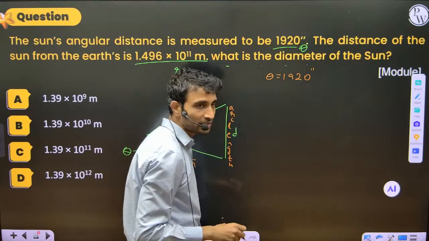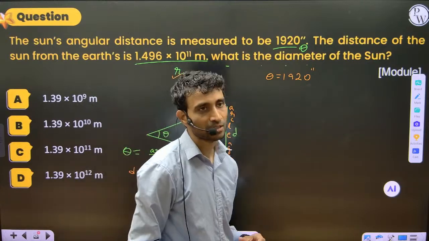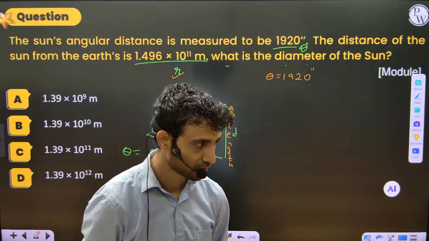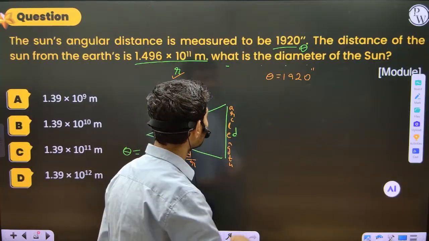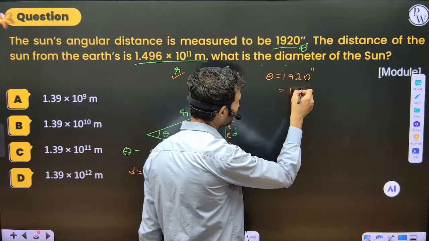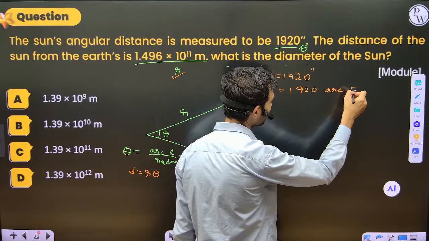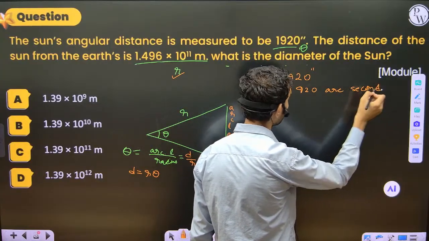Now the problem is, theta is given in which units? In double dashes there. What does the double dash signify? So that tells me that this is nothing but 1920. Double dash means arc second.